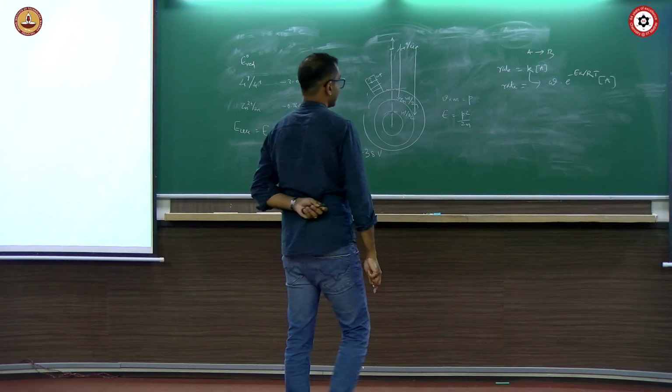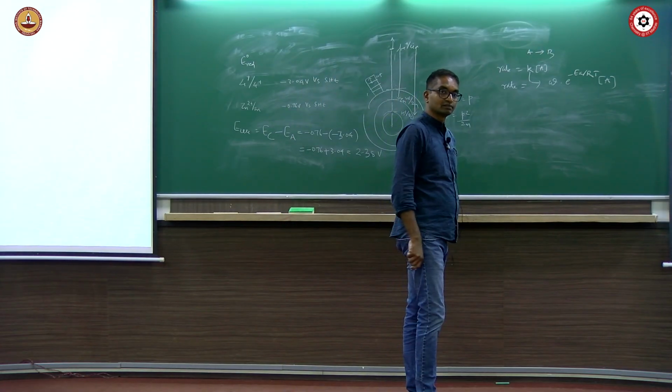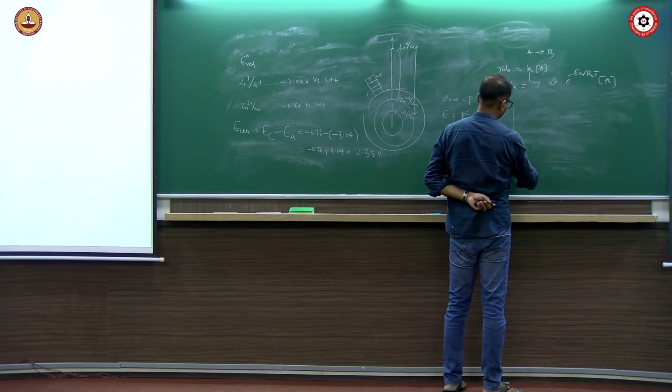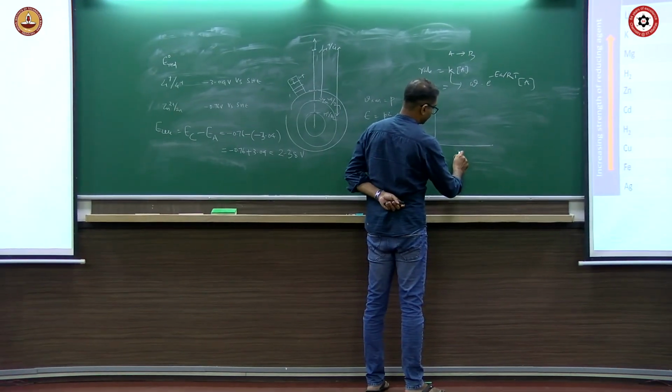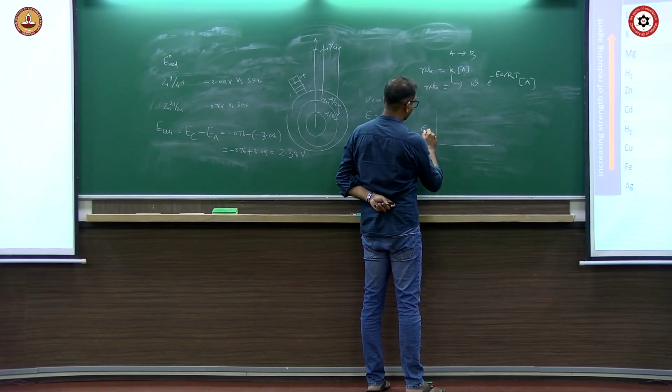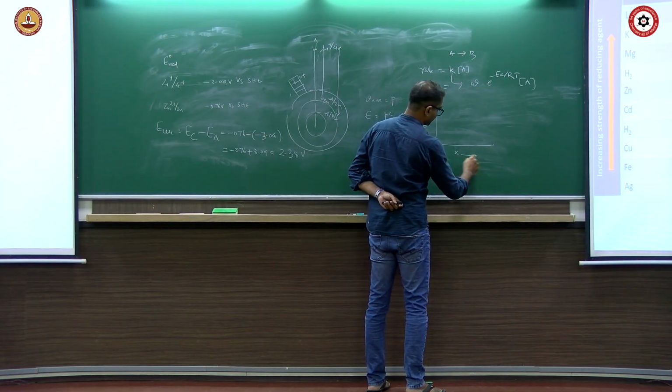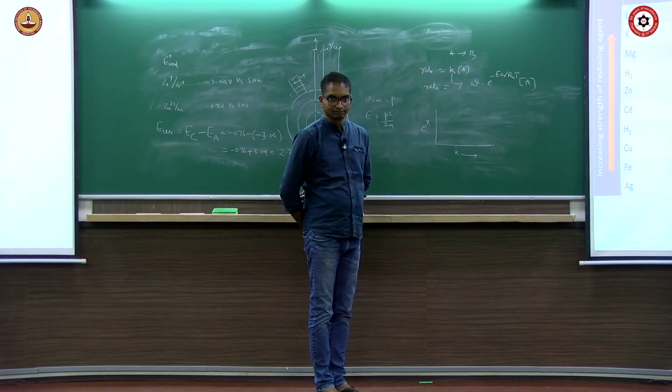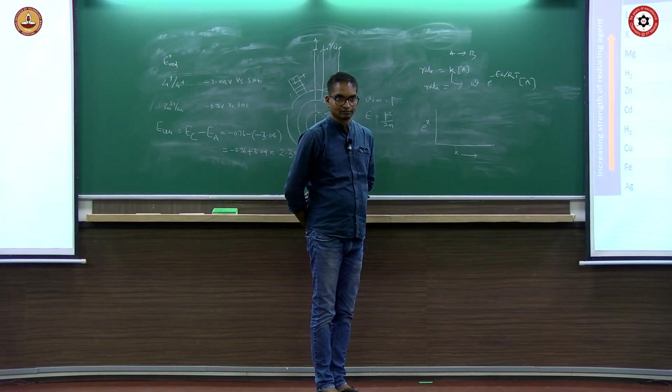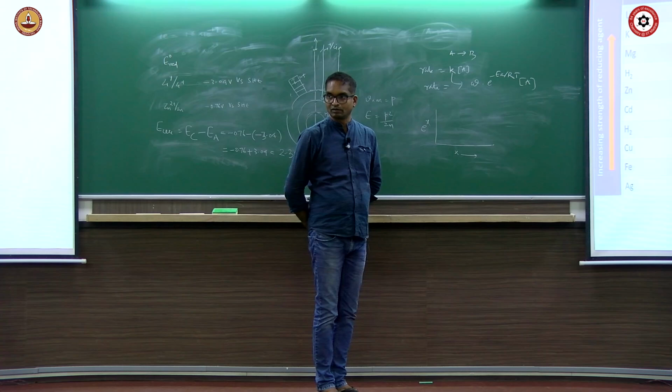Imagine, anyone know how to plot e power x? E power x, sorry, this is x. How it will change? How it will change? E power 0 is how much? 1.